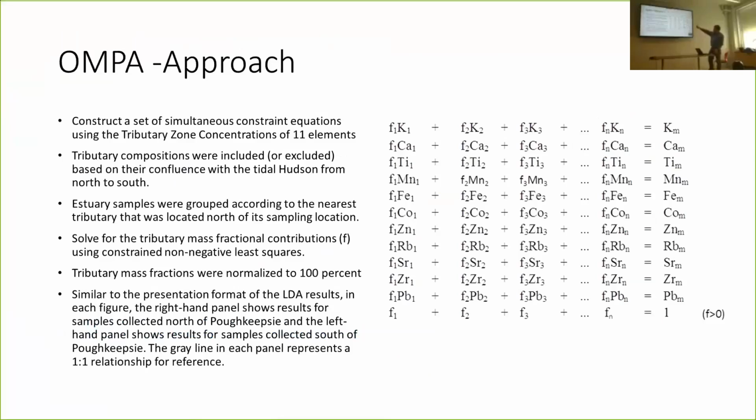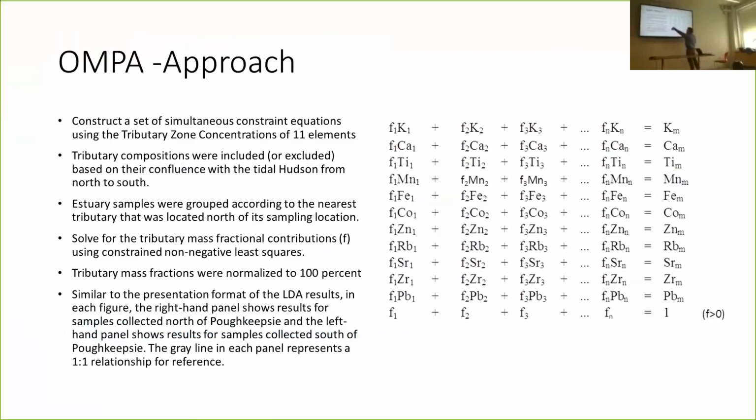Basically, the idea would be that for every bulk, so this would be, say, zirconium in this case. This would be the zirconium measured in a sample. So you construct a series of simultaneous equations. Here, this is fraction 1.